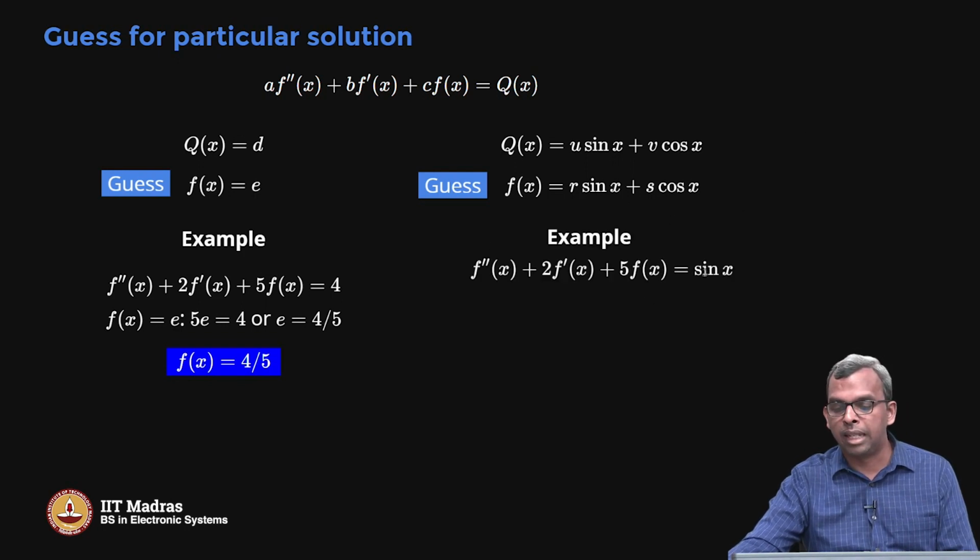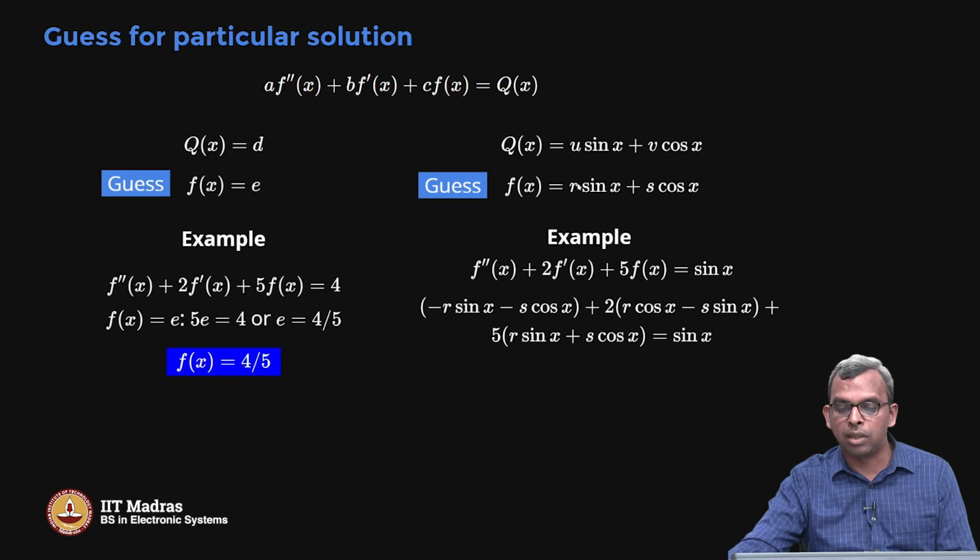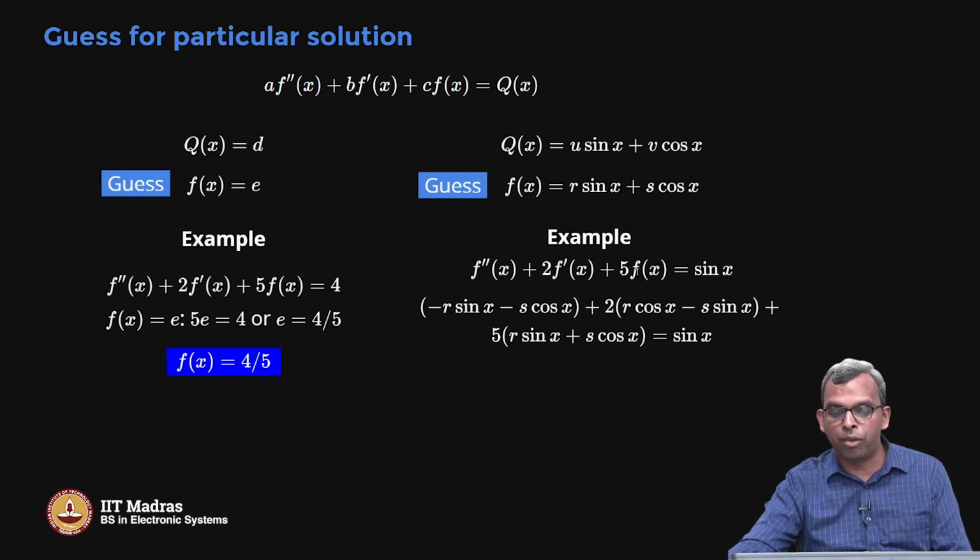So this is the guess here, and here's an example. I'm going to show you a case where this is just sin x, u is equal to 1, v is equal to 0. So I'm going to guess f of x equals r sin x plus s cos x and plug it in here.